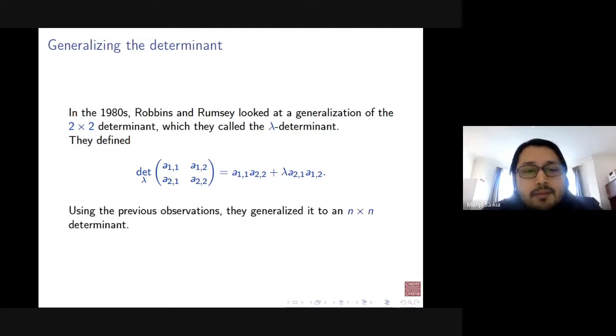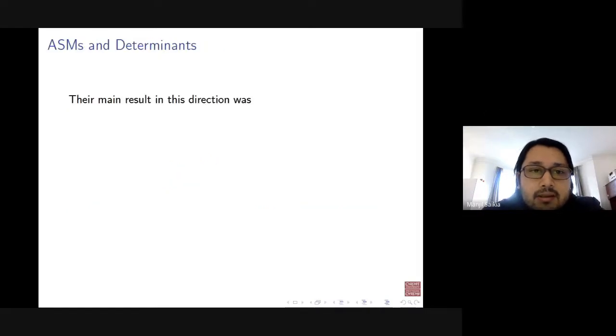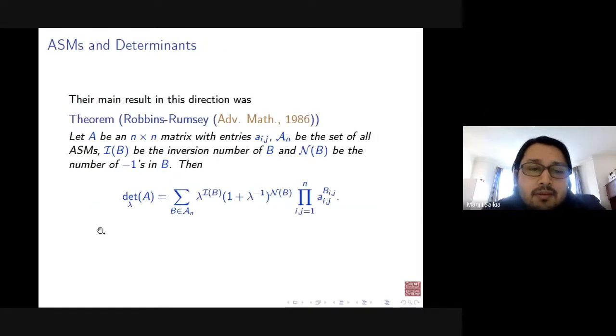And using the previous observation, where you were writing these bigger determinants in terms of smaller ones, you can do the same thing for this. And you get a generalized lambda determinant for n cross n matrices as well. What Robbins and Rumsey proved was that the lambda determinant of a square matrix A is given by this formula, and the sum runs over alternating sign matrices.